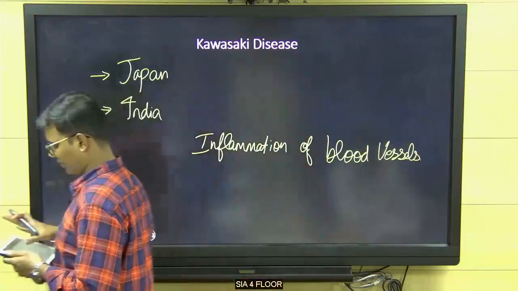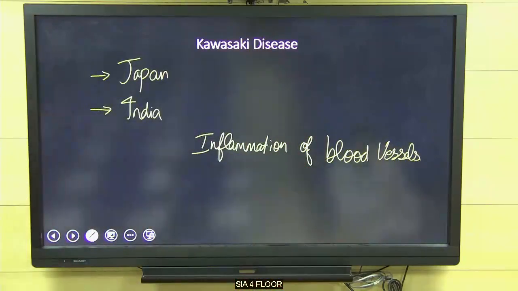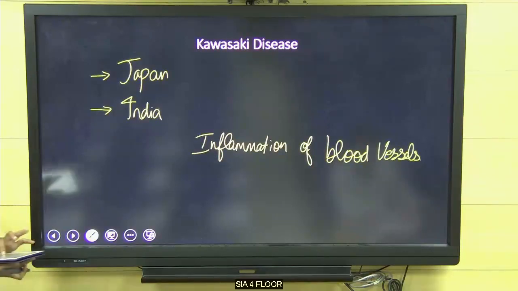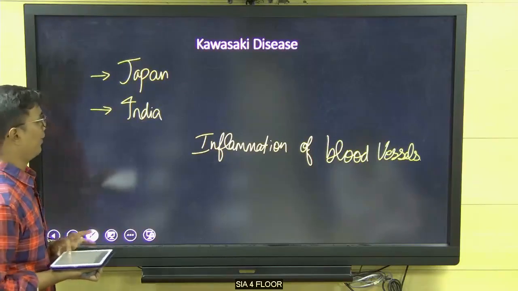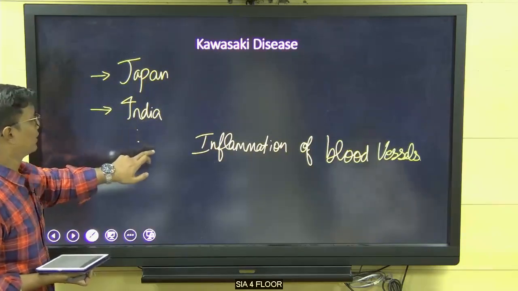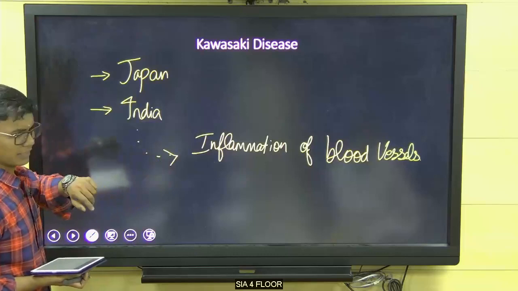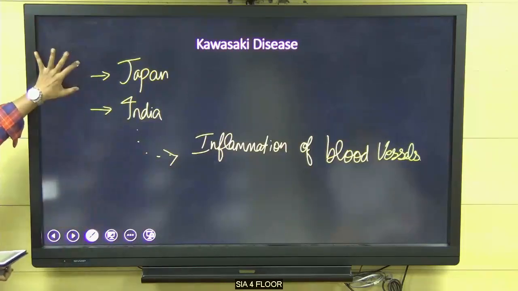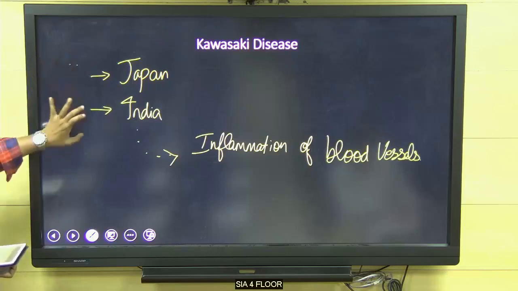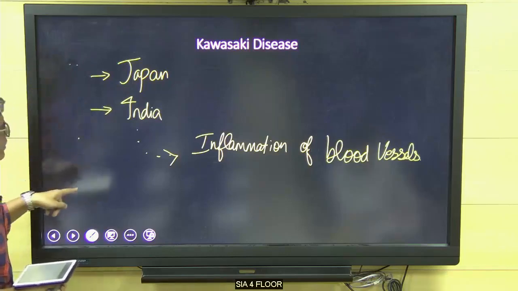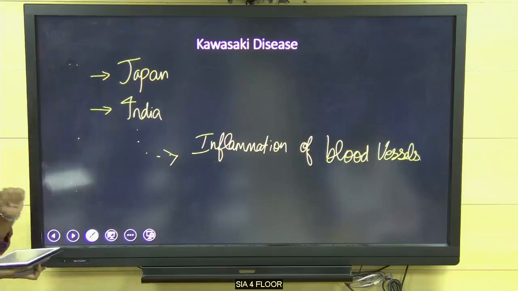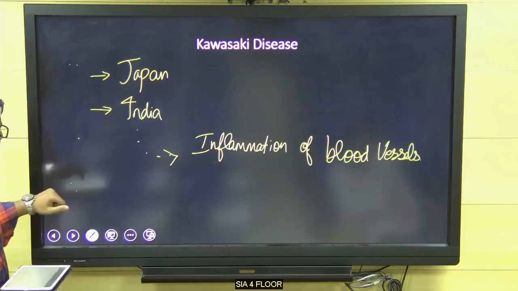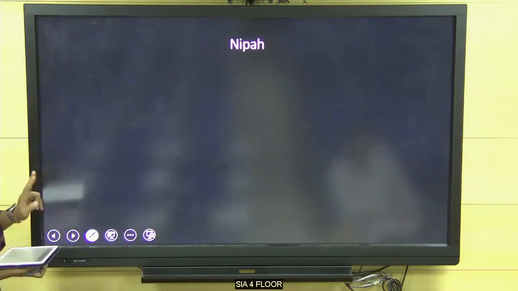It is treated using supportive care. The child was given supportive care and has recovered. That's all, a small news. In Japan there are more cases; in India, very rare cases, but still in 2019 this was in the news. One child in Kerala was affected, but he recovered.